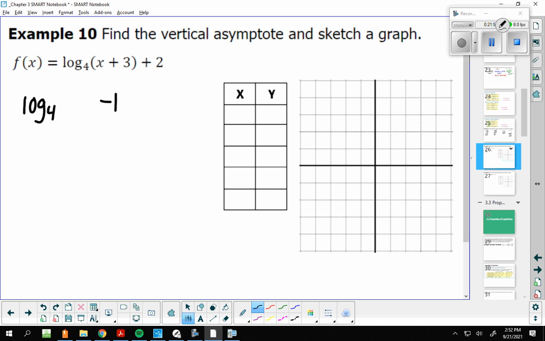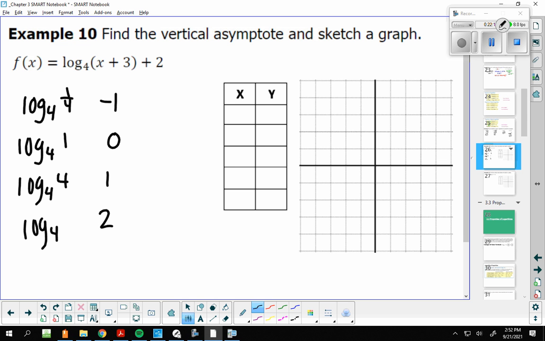But 4 to the negative first power would give us 1/4. Log base 4 to the 0 power, 4 to the 0 power would give us 1. Log base 4 to the first power would give us 4. And log base 4 to the second power would give us 16.